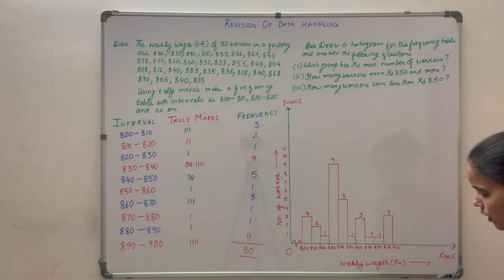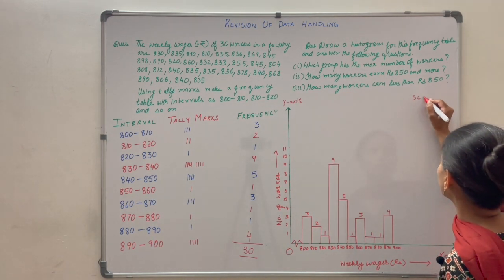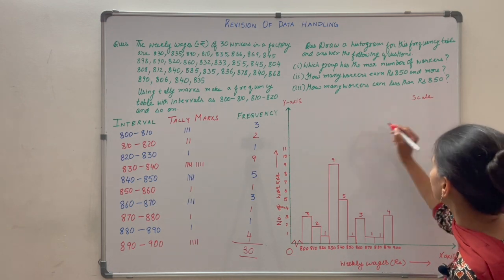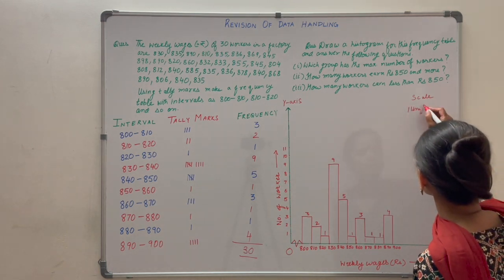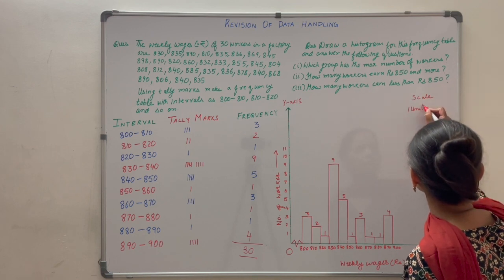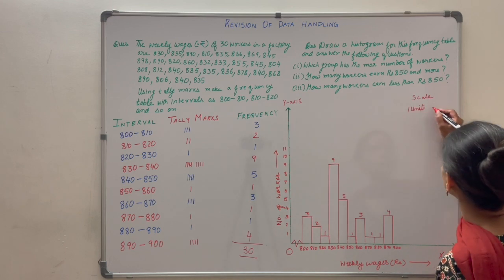So this is how we are going to plot it. You need to write down the scale here for the y-axis. How much is the scale for the y-axis? 1 unit is equal to 1 worker.